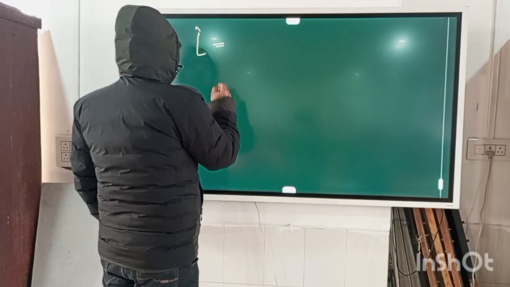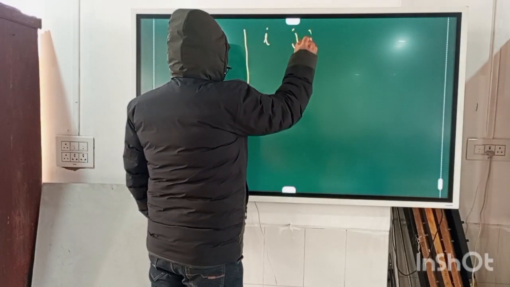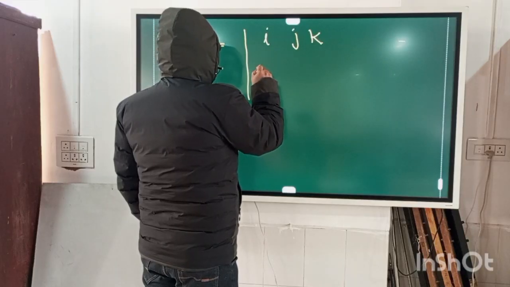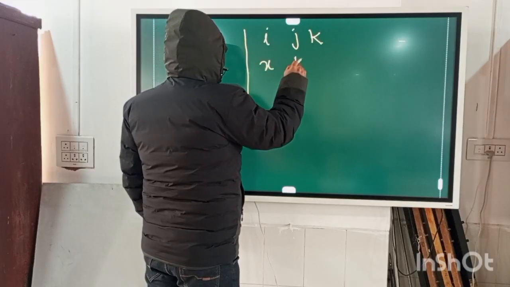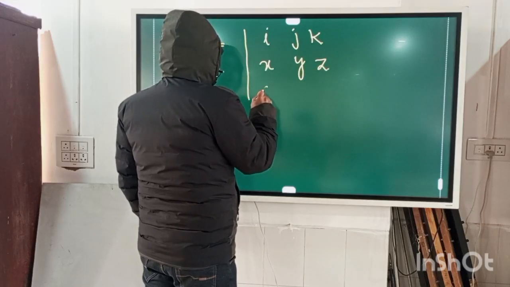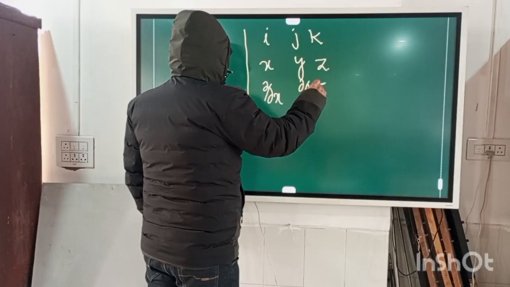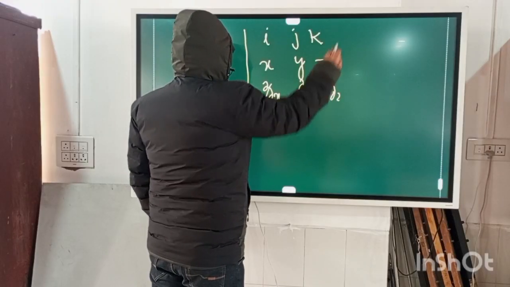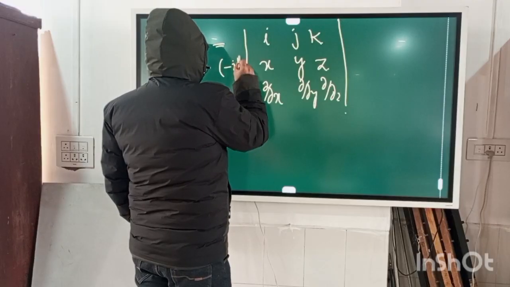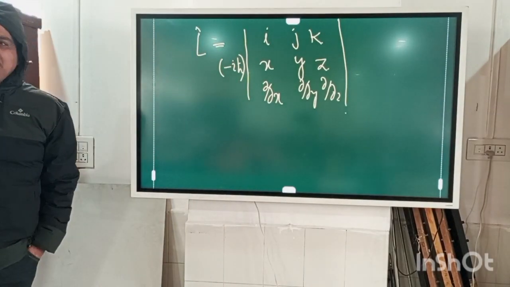This is equal to the determinant with i, j, k in the first row, then x, y, z, then dou by dou x, dou by dou y, and dou by dou z, and you can keep minus i h bar outside the determinant. Now, you can open this determinant.